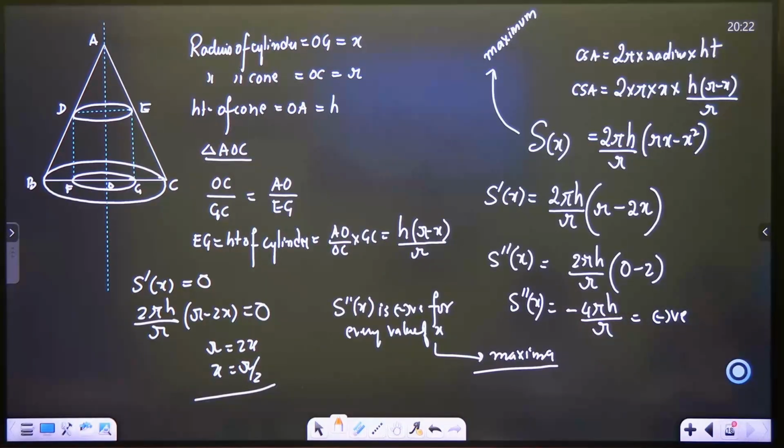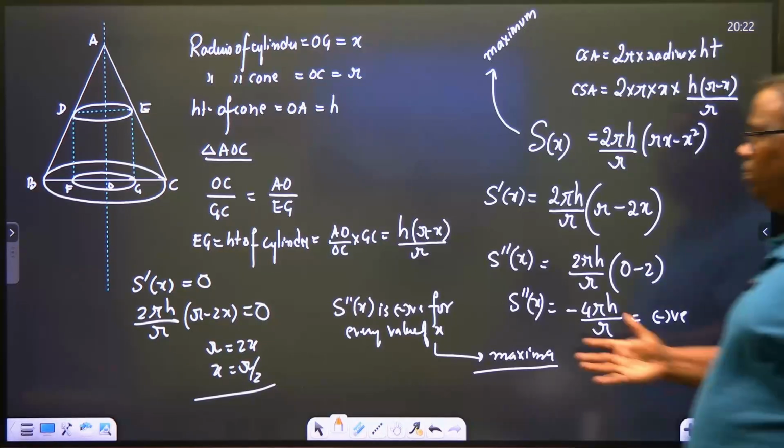Hence, could you decode the problem? The cylinder will have the maximum surface area only if the radius of the cylinder is half the radius of the cone. Now, how do you write this?